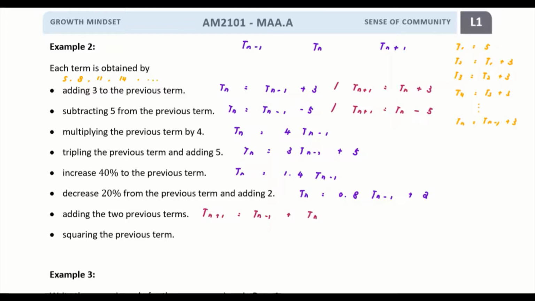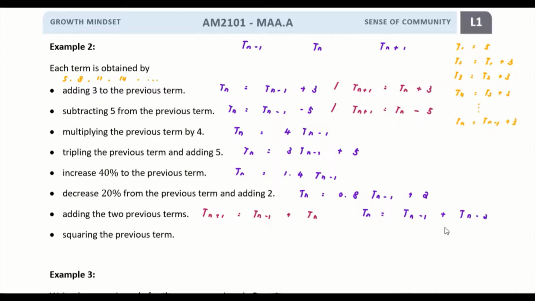Okay? Alternatively, if you want to use the n term in front, then you need to think of the two terms beforehand. For Tn, the one before is Tn minus 1, right? You need one more before so that you can add them together. So for n plus 1, the one before that will be Tn minus 2.